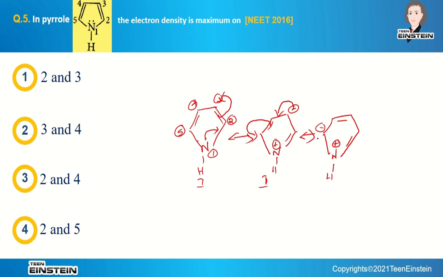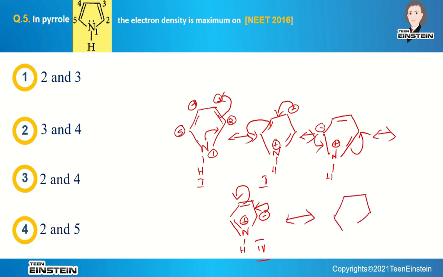Now the shifting of negative charge takes place over here, and the molecule looks like this. Again this negative charge shifts over here and the bond comes over here. So this is fourth. Finally we get it like this.